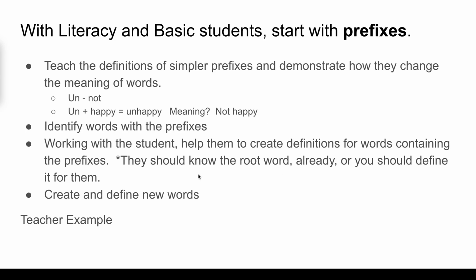In general, it's probably better for them to know the root word already, like the root word happy, or it should be easy for you to define so that the work isn't twofold. You're really focused on the prefix and changing the meaning of a word and not on trying to understand the whole thing put together.